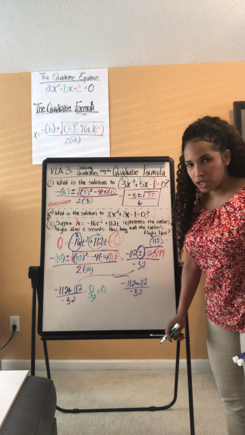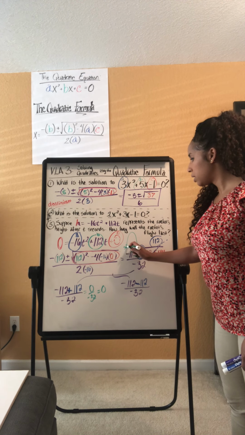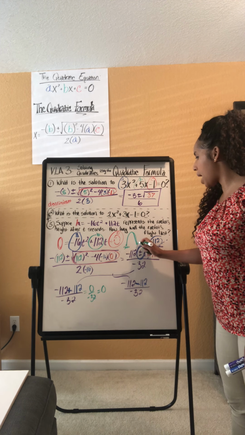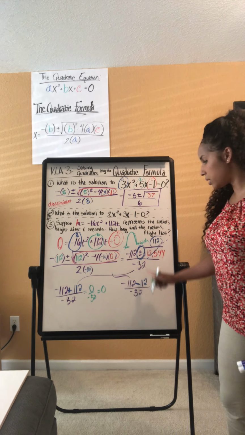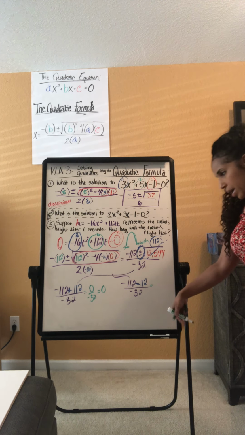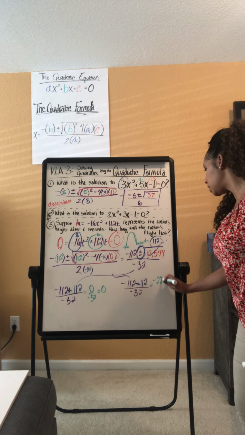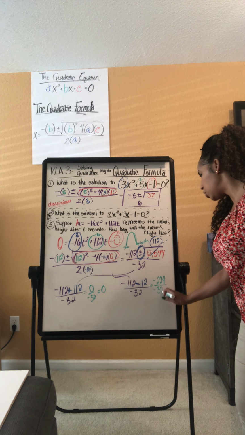It's not the answer we want to use. It's 0 when it starts. Remember the picture I had drawn? It's going to start on the ground, but then it's going to go up in the air and come back to hit the ground, and we have to figure out how long that is. That'll be this answer here. So negative 112, take away another 112 is going to give me negative 224, and that is still over the negative 32.